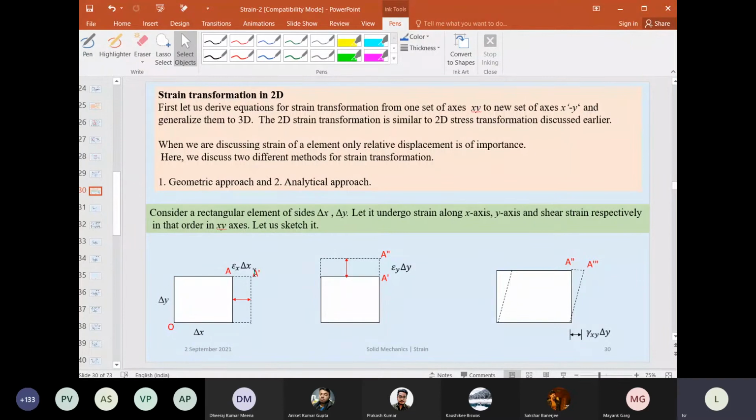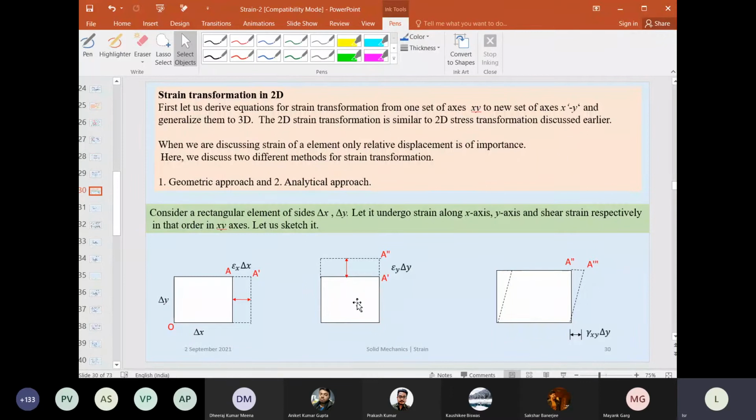Is that okay? Now we will plot that deformed configuration. Now this is O and this is A dash. Now I apply stresses in the y direction, so I will have strain only in the y direction, epsilon y at any point.